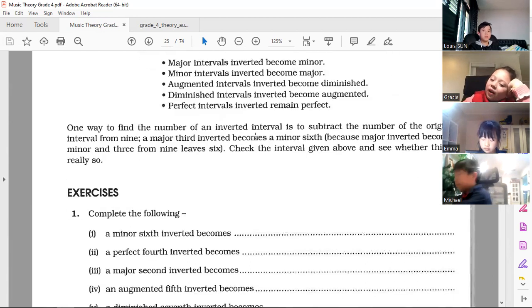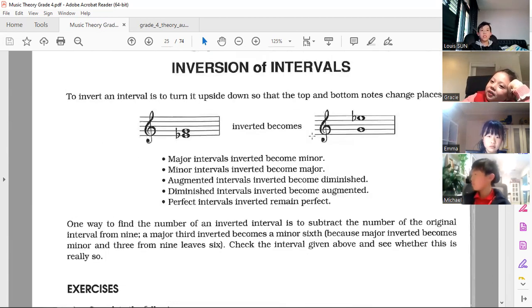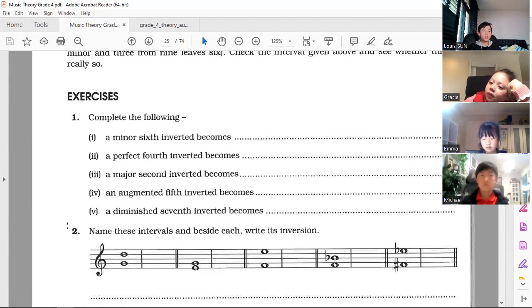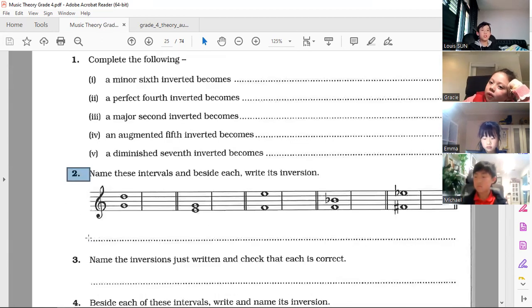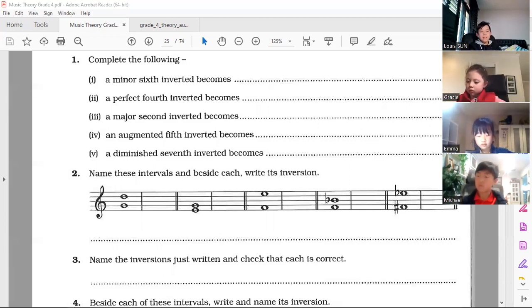That's page 22, lesson 7, inversion of intervals, question 2 on page 22.